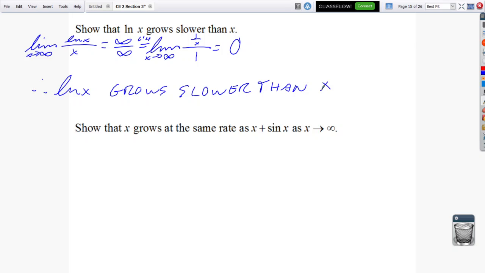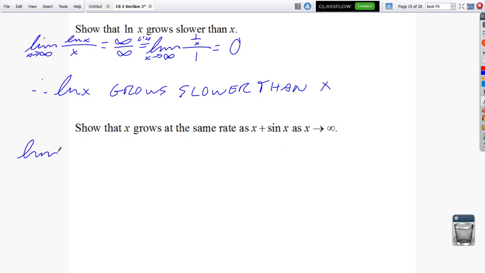Show that x grows at the same rate as x plus sine of x as x approaches infinity. Now here, you do have two choices: you could use either x or x plus sine of x as your numerator. There is a better one to choose. When you have a monomial versus a binomial, it's always better to put the binomial on the top.